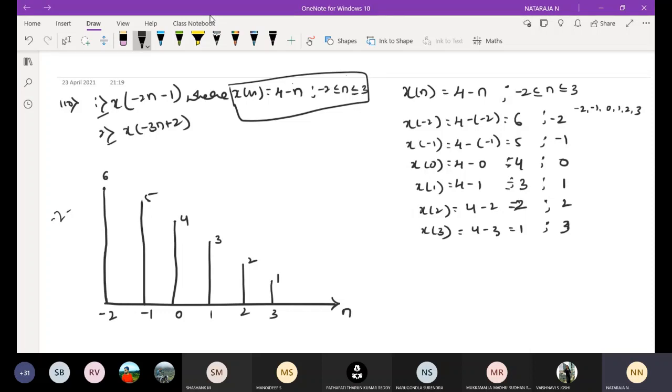Now first find for x of 2n minus 1. First we have to find for n minus 1. What are the limits we got? Have you got the solution for first n minus 1 time shifting?